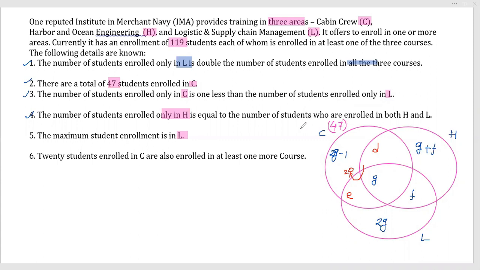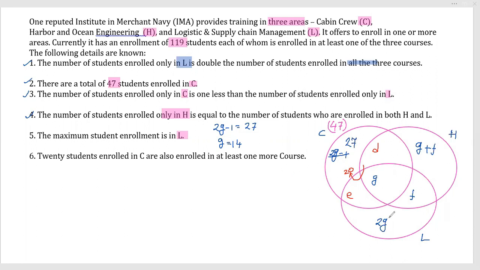Now I can make some calculation, because this is 2G minus 1, 20 less than 47, so that means 27. So I can write 2G minus 1 is equal to 47 minus 20, 27. So 2G is equal to 28, G is equal to 14. So this part, it is 27.